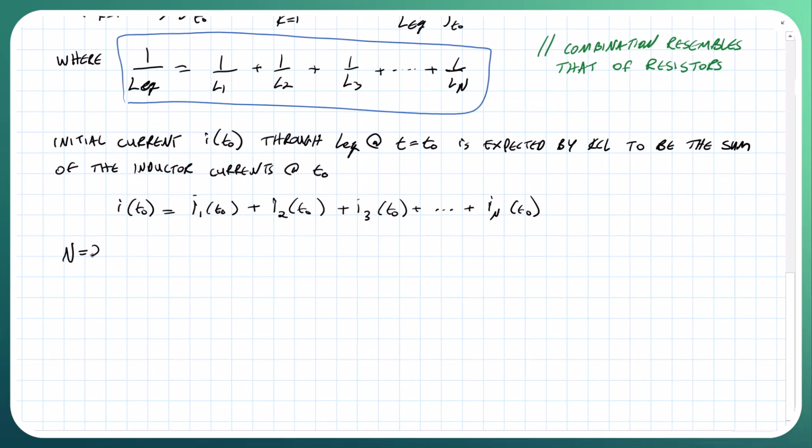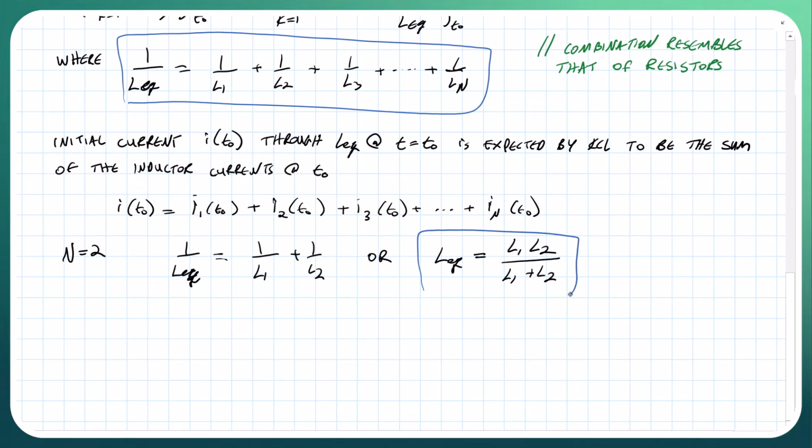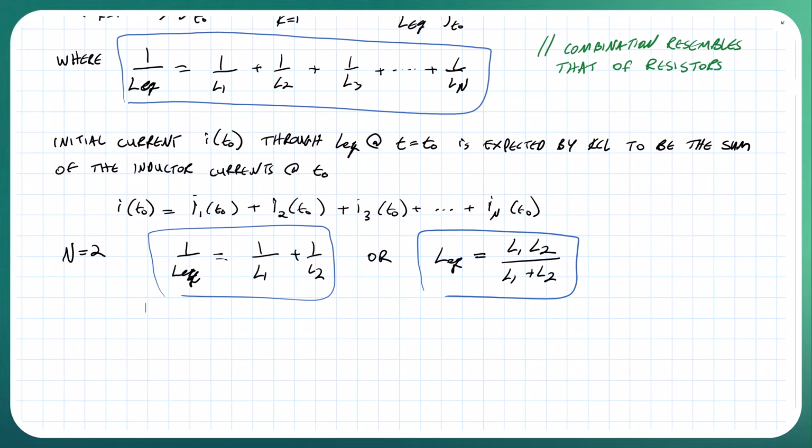If we have n equals 2, we can say 1 over L equivalent is equal to 1 over L1 plus 1 over L2, or L equivalent is equal to L1 times L2 over L1 plus L2. Either one of those works, and that's how you combine series and parallel inductors to get the equivalent circuit.